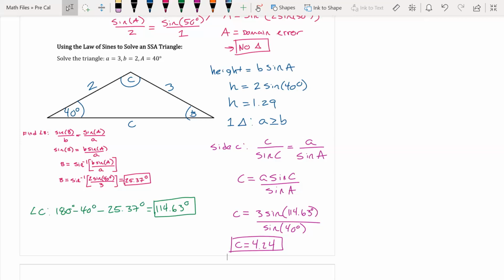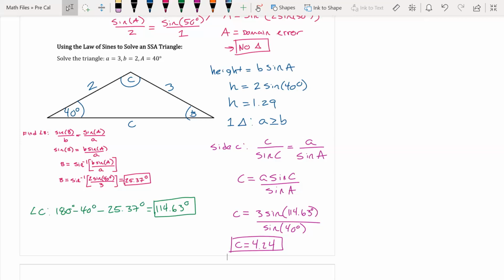Because we were outside of it. Exactly, because 2 sine 50 is what? I couldn't tell you. 2 sine 50 is 1.53, which is definitely above 1. Okay. So because it was 2 sine 50. Yeah. Okay.